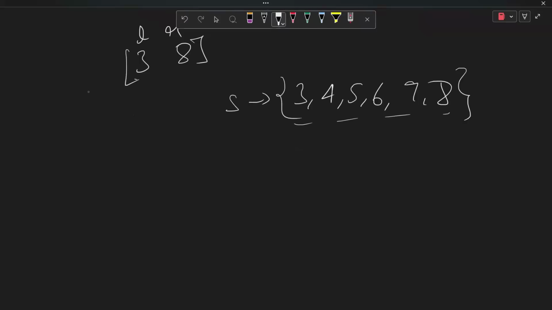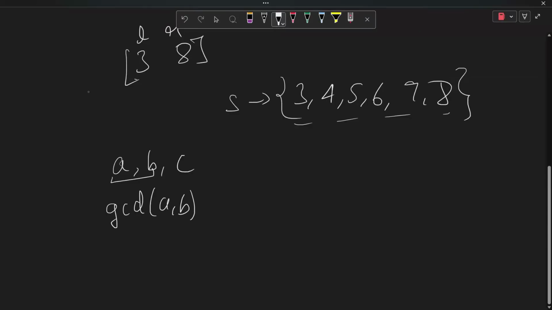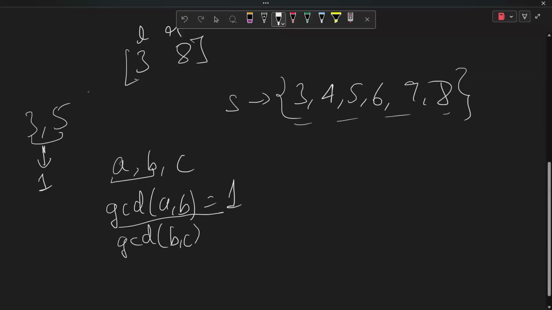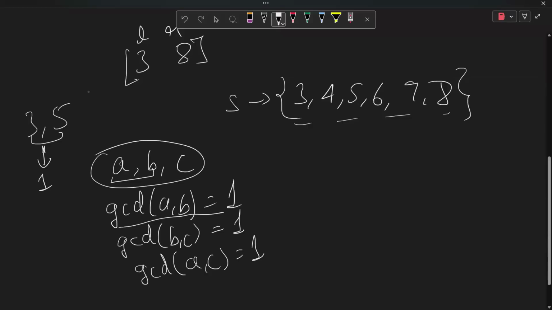To perform the operations, you would pick 3 integers A, B, and C such that GCD of A and B is 1. Like if you take 3 and 5, their GCD would be 1. GCD of AB should be 1, GCD of BC should also be 1, and GCD of AC should also be 1. So for every pair, they should be co-prime.